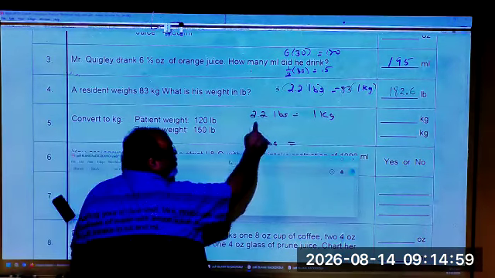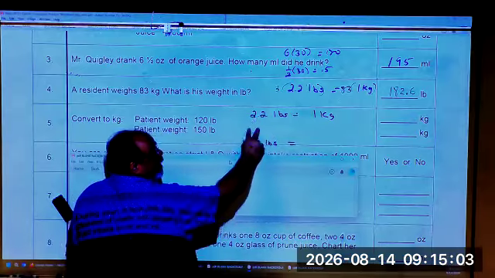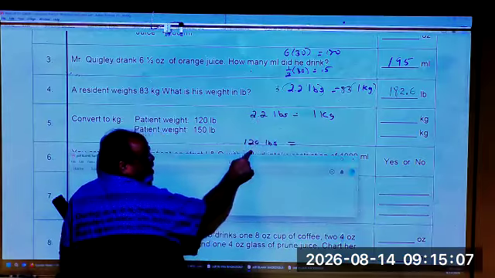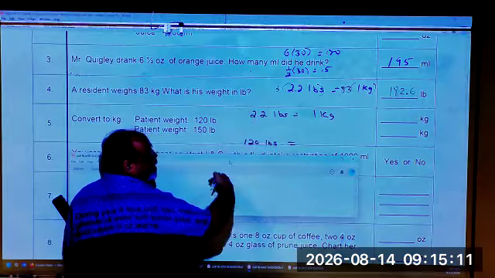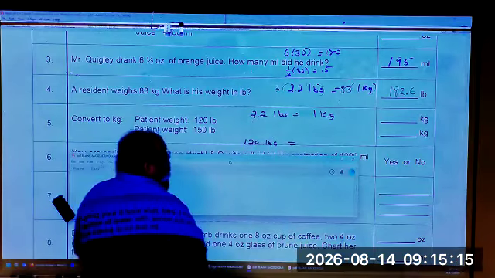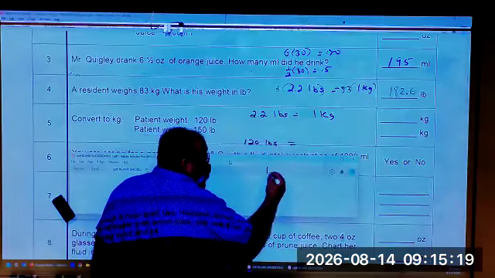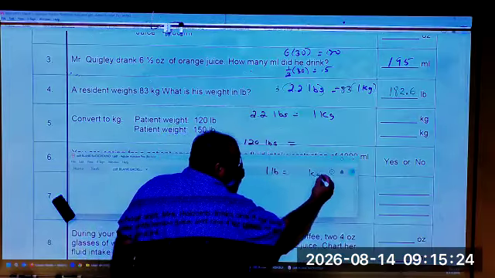Otherwise, you're going to be looking at, all right, how do I convert 2.2 into 120, and you're trying to guess what number times this makes that, and it's going to take a while to get it. So maybe you go straight to this. Let's figure out the answer for 1 pound. What is 1 pound in terms of kilograms?